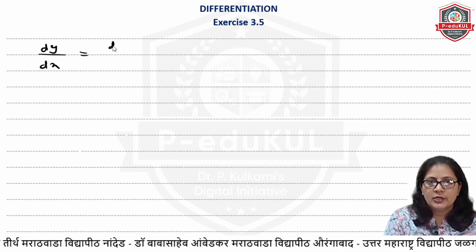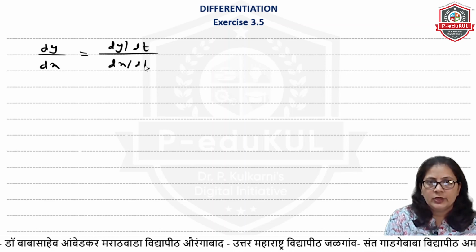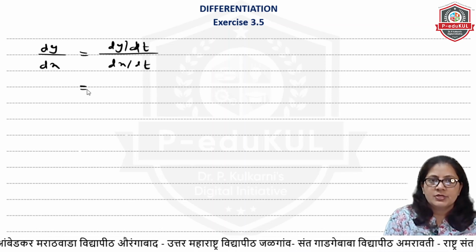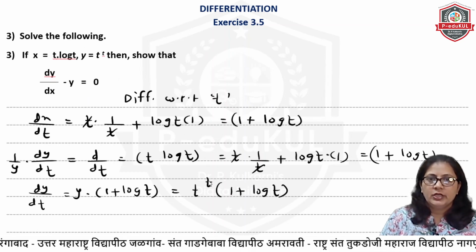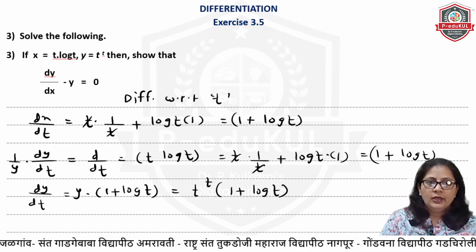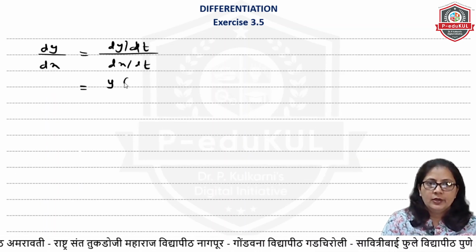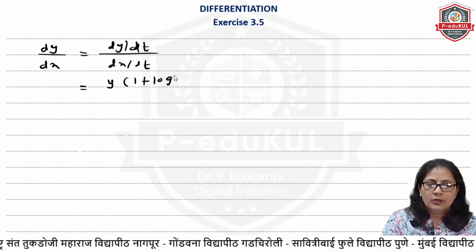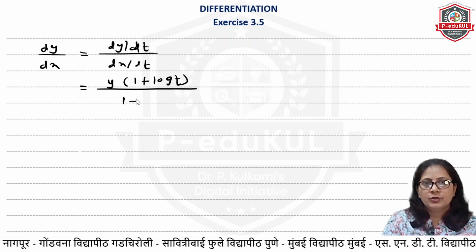Now we will do dy by dx. Okay, so that is dy by dt upon dx by dt. Now we will put in the values. See what value of dy by dt has come: t raised to t into 1 plus log t. Fine, that is y. Because we want to show it in y, so y into bracket 1 plus log t, divided by dx by dt, whose value is 1 plus log t.